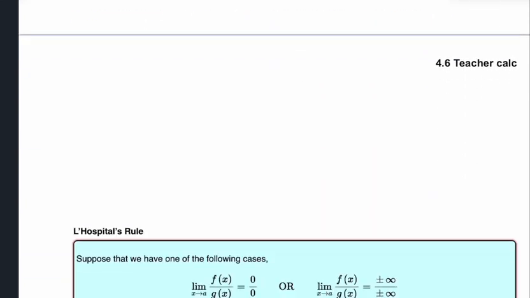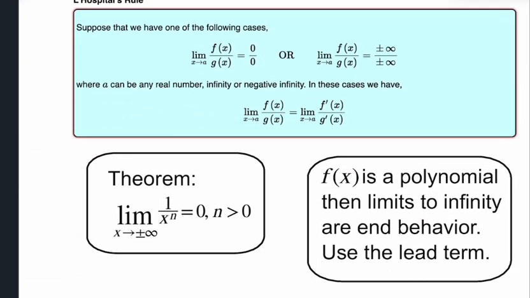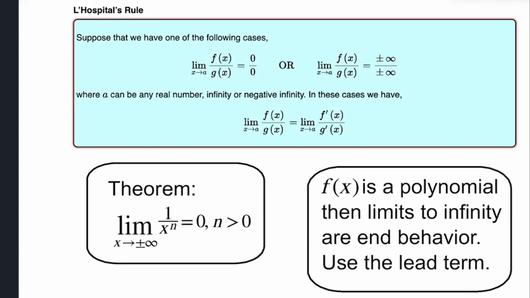There are some new rules that we're going to need to know. One that's really important is called L'Hopital's rule. That isn't La Hospital, it is L'Hopital. L'Hopital's rule basically says that if you get 0 over 0, or if you get infinity over infinity, then if you take the derivative of each of your top and bottom functions, you can try the limit again.